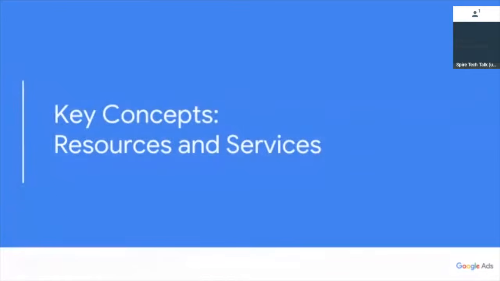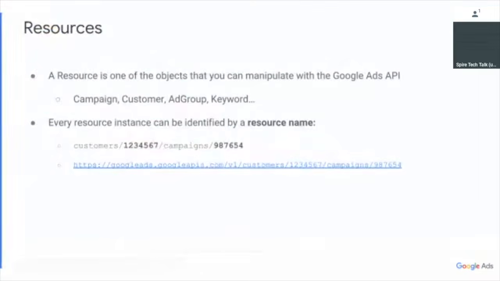All right, so now that we know what accounts we need and what authentication looks like in Google Ads API, let's take a look at resources and services, which, as I mentioned before, are the building blocks of the API. So a resource within Google Ads is a conceptual entity within the product, within the platform, right?